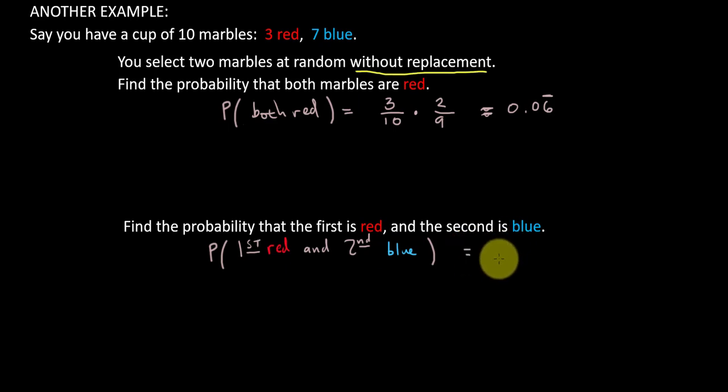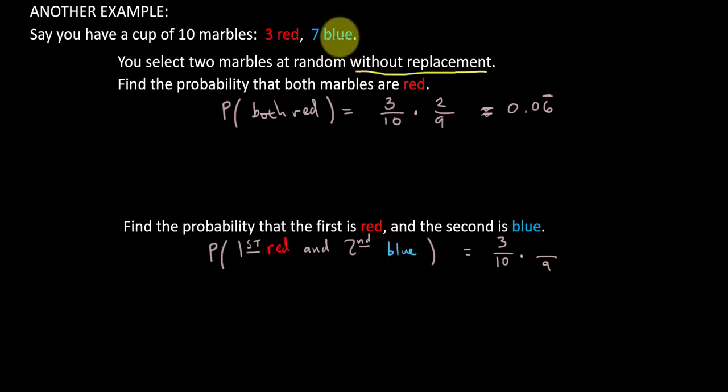We're starting with the 10 marbles in the cup. So it's going to be divided by 10. And since the first marble is going to be red, there are, starting with 3 red marbles, 3 out of 10. Again, sampling without replacement here, there will now only be 9 marbles in the cup. And now, well, how many of those 9 marbles are blue?